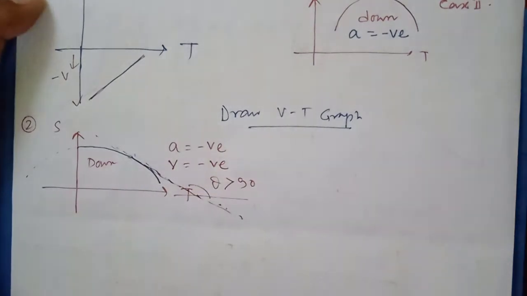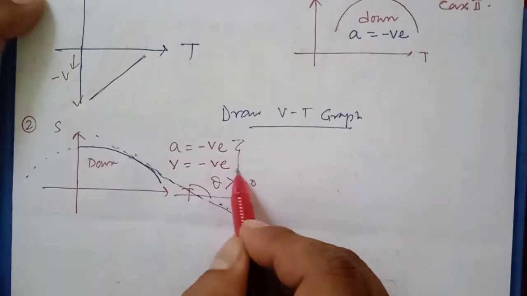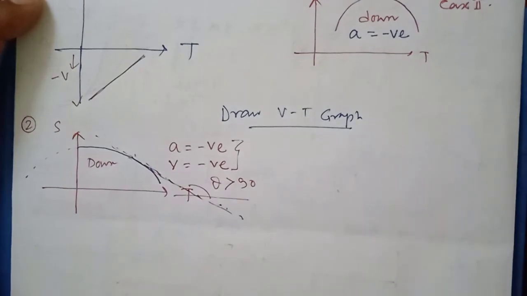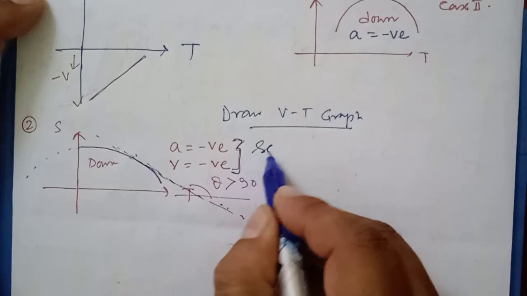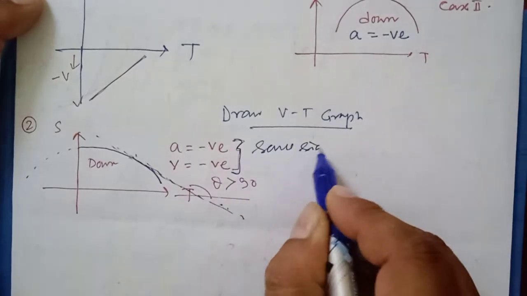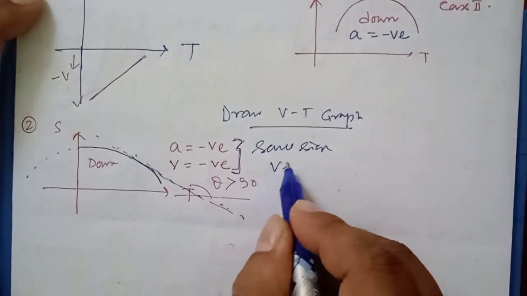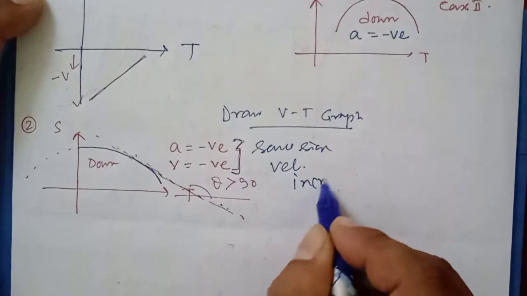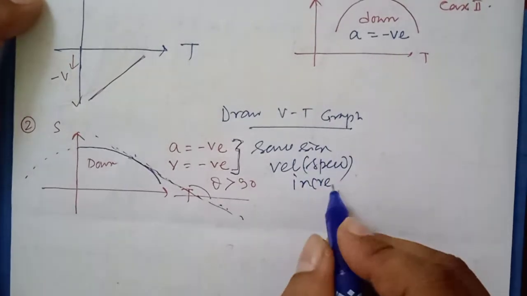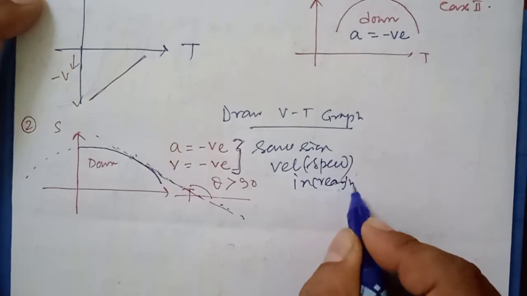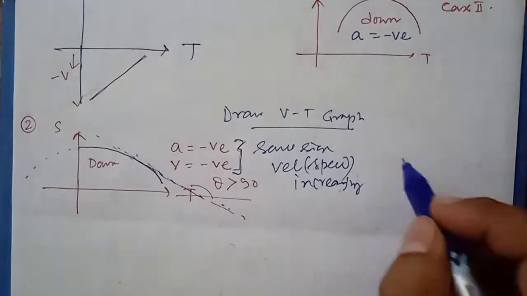Now apply the trick: acceleration and velocity have the same sign, not opposite. Same sign means speed is increasing.